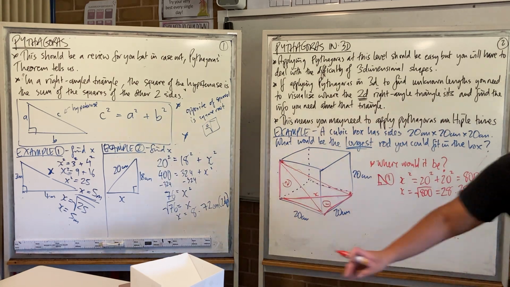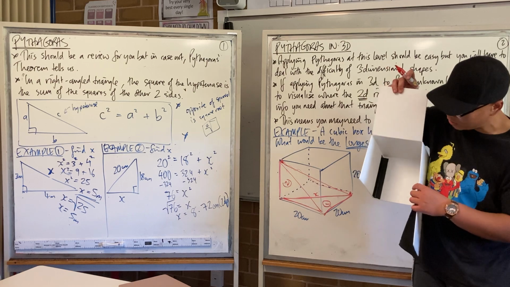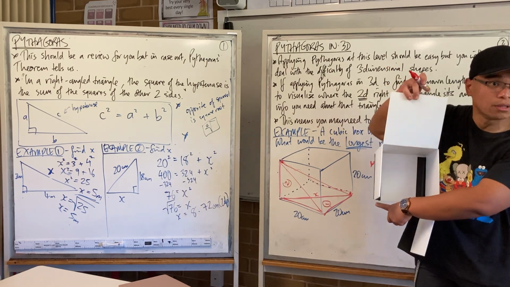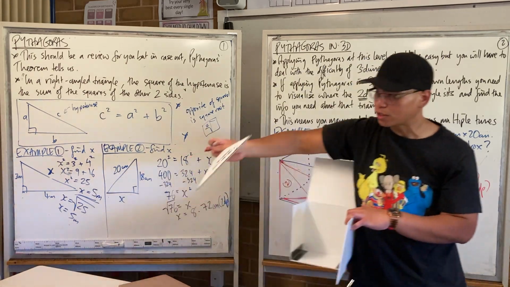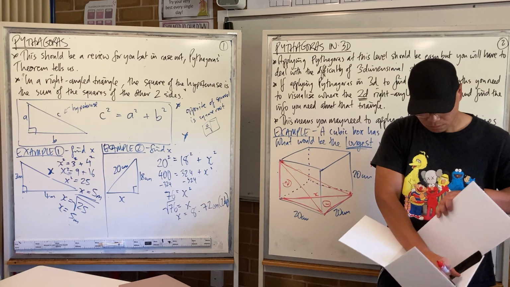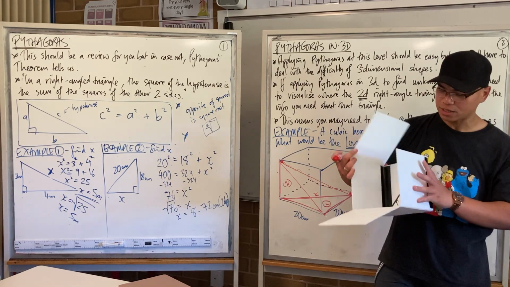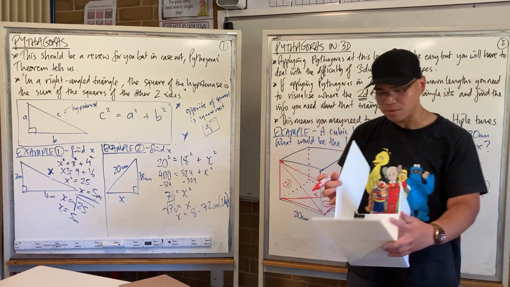So what have we just worked out? We've worked out how long it is from the bottom there across to the bottom on that side. We worked out that black line. That's all we worked out. Why is that important?